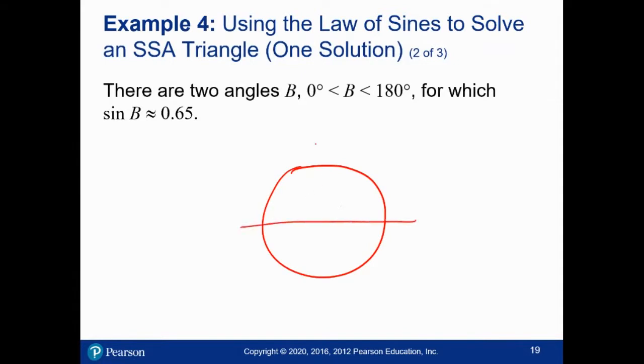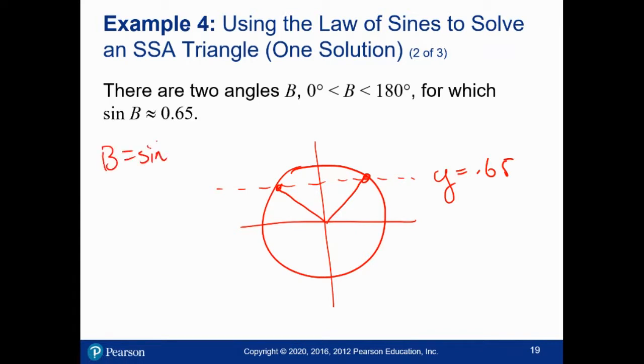Here is a sine of about 0.6 something. There's a quadrant 1 solution, but there's also a quadrant 2 solution. If I use the law of sines, if all you did was this, the arcsine of 0.65, that doesn't give me 2 solutions.